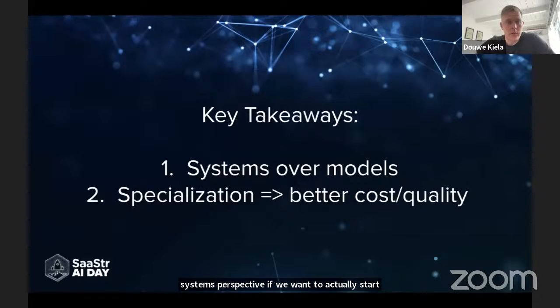And specialization really is the key to having the optimal trade-off between cost and quality. So the specialization that you get from deploying a model on your own data, really having a feedback loop, really optimizing for that problem, that really gets you best-in-class solution without having to pay all that much money for it.